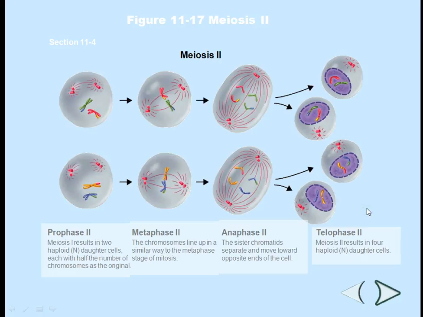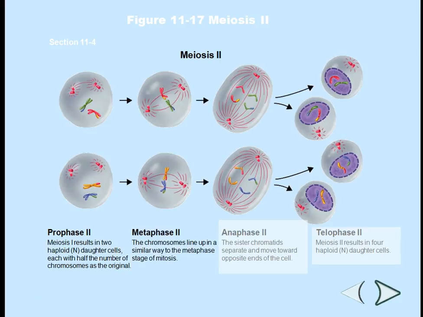So then our second split, we start with prophase 2. Remember, we're skipping interphase 2. We only go through interphase 1. So we start with prophase 2, where the nucleus is going to disappear. The spindle fibers form again, the centrioles contract.